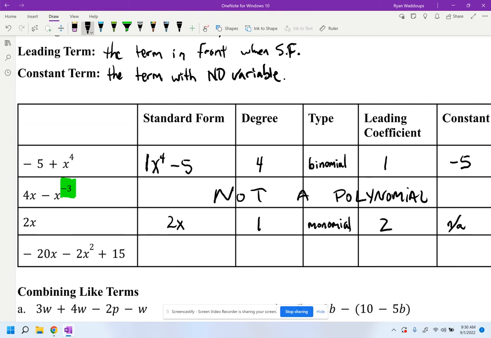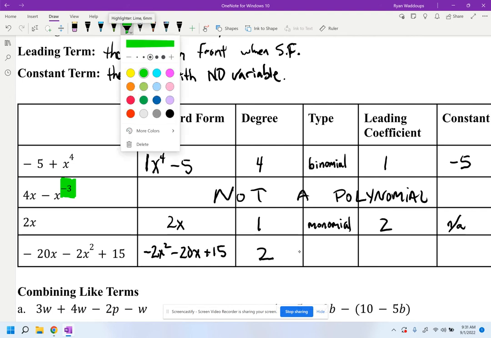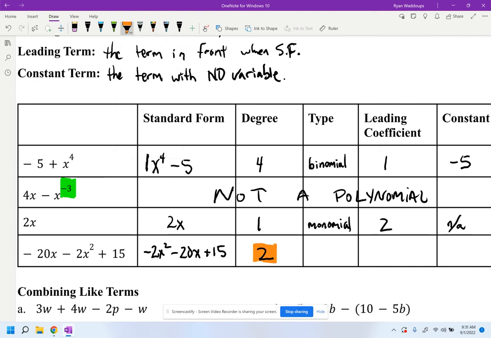Okay, next one. Negative 20x minus 2x squared plus 15. So we're going to put this in standard form. That's minus 2x squared minus 20x plus 15. Degree is degree 2 because of this 2 right there.